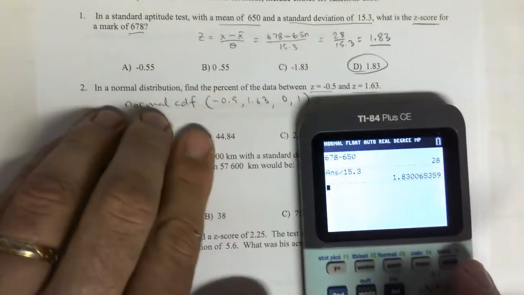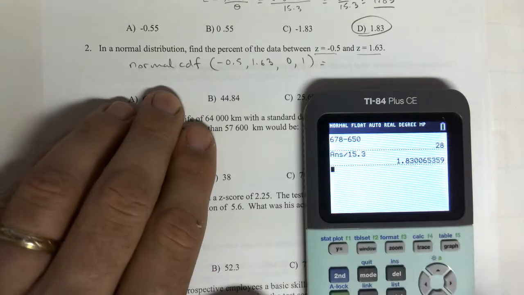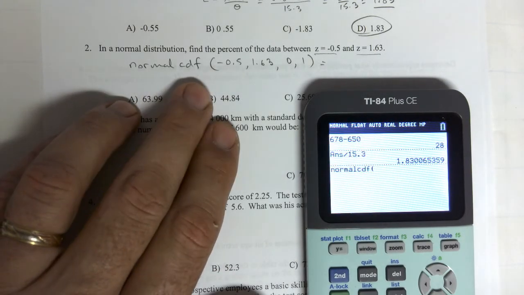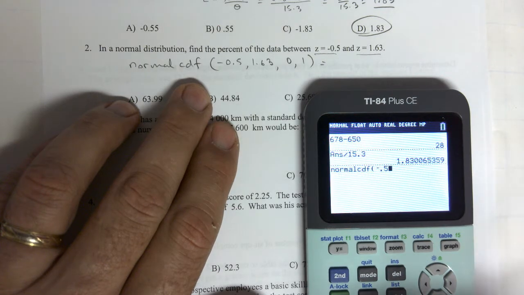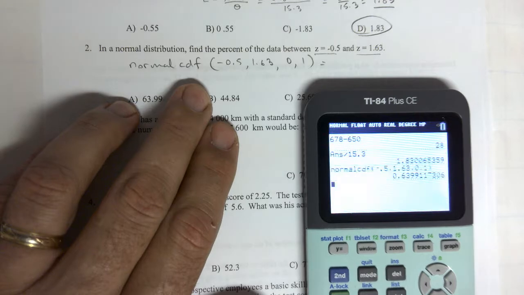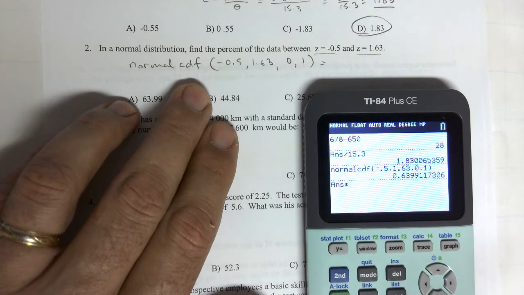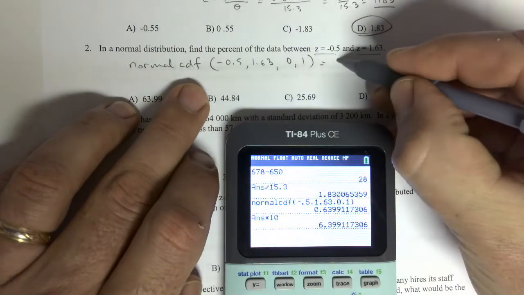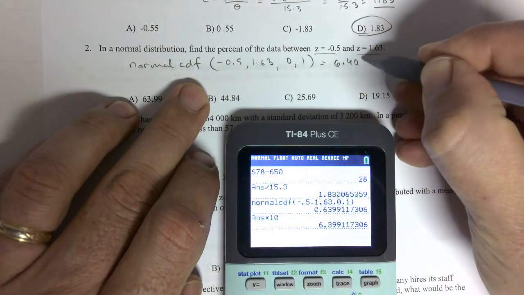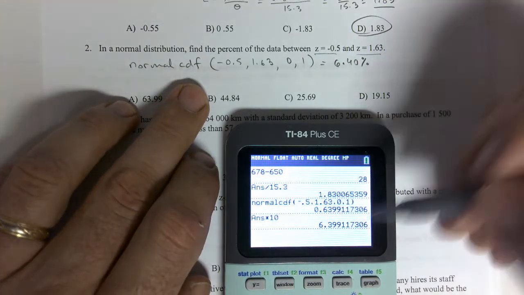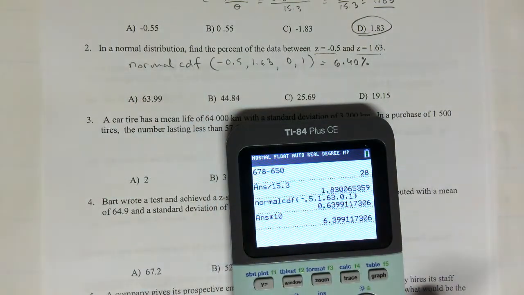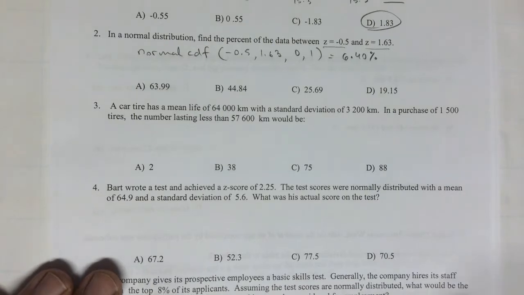So we type that in: second vars, normal CDF, negative 0.5, 1.63, 0, and 1. And we multiply that by 100. And so it's 6.40% rounded, because the 9 bumps that to a 10. So we have that, and let's continue.